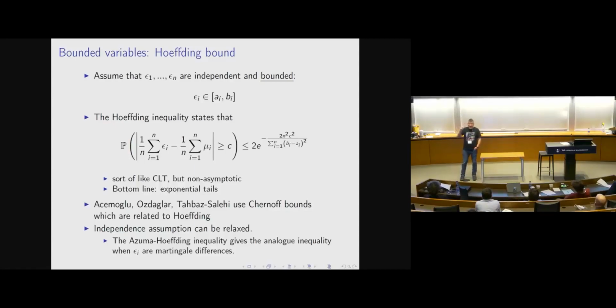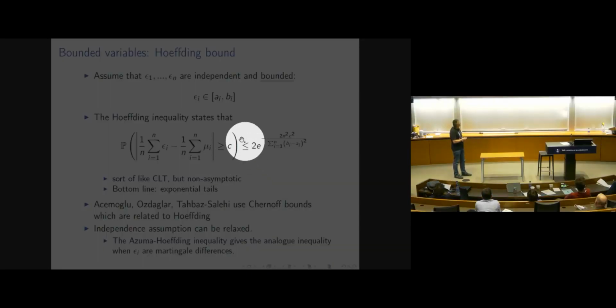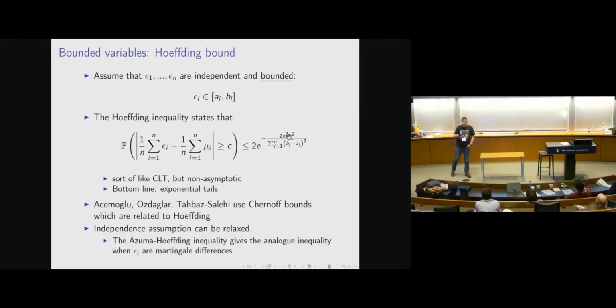But if you have bounded variables, bounded individual shocks, then you have the so-called Hoeffding bound, where for any n, you can bound this probability of the large deviation exponentially. So the probability of this macro deviation being large is declining very, very fast, exponentially. And you can do it also without independence. It's called the Azuma-Hoeffding inequality.